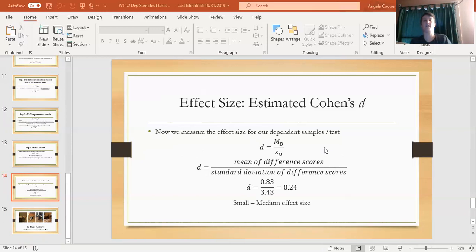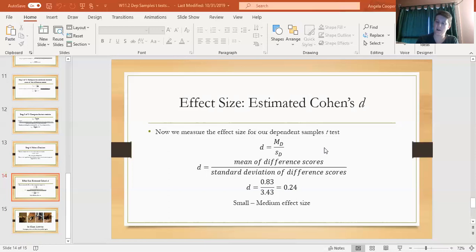So the mean of the difference scores, if you recall, was 0.83, divided by the standard deviation of the difference scores, which was 3.43. Once we do that division, we get 0.24.